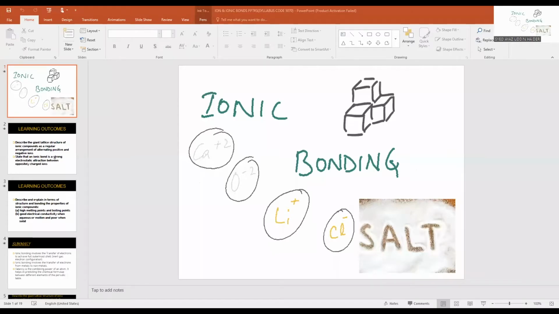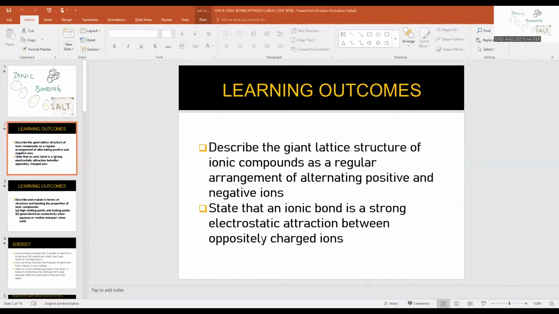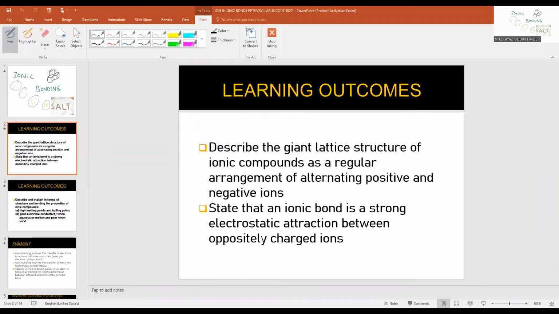The SLOs for this video are: describe the giant lattice structure of ionic compounds as a regular arrangement of alternating positive and negative ions. State that an ionic compound is a strong electrostatic attraction between oppositely charged ions.